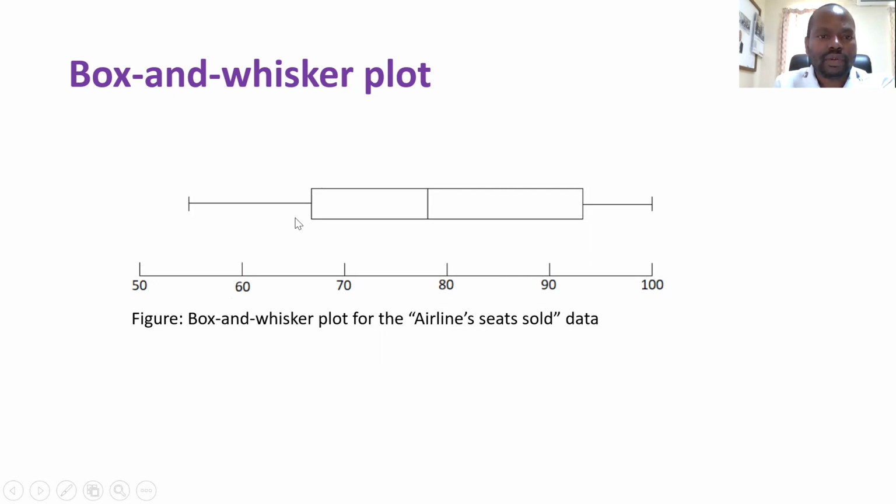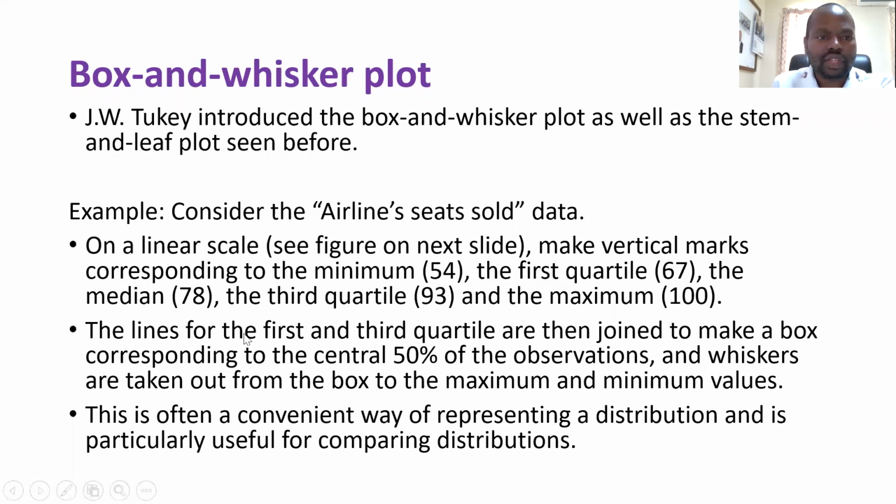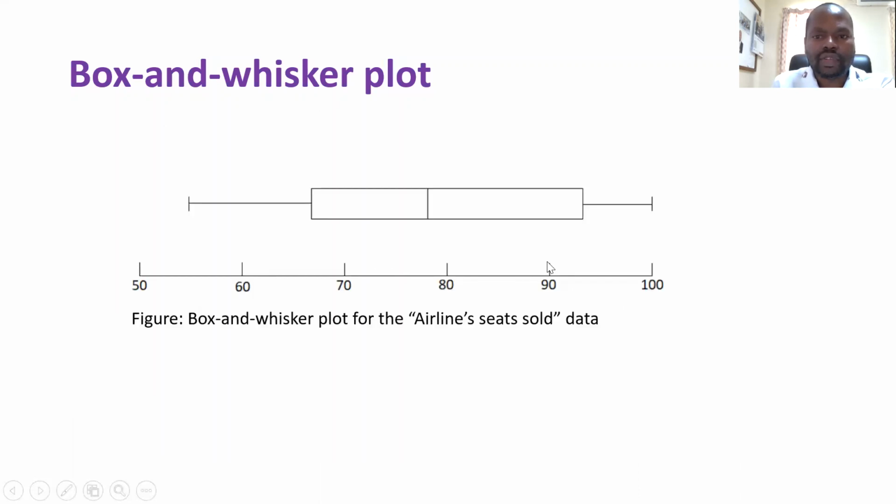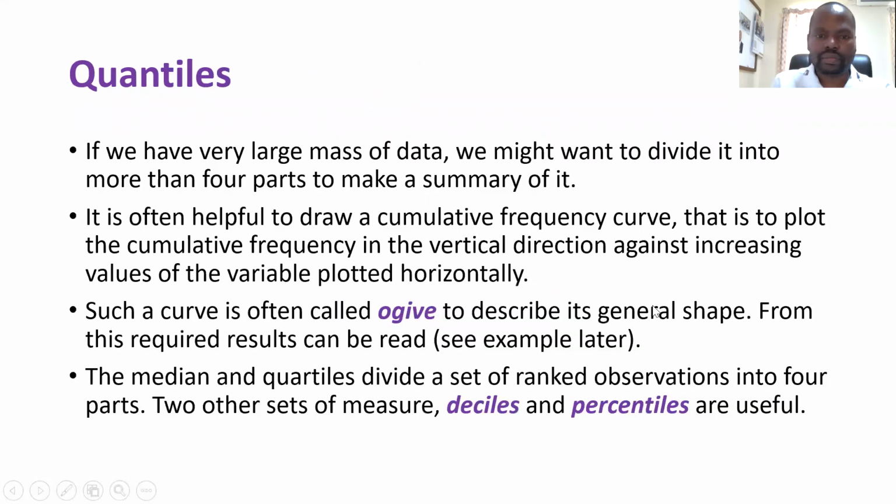So this is 54, and then we have 67, and then we have 78 as the median. Then we have 93 as the third quarter, and the maximum is 100. So that was the moment when all the 100 seats in the aircraft were sold.